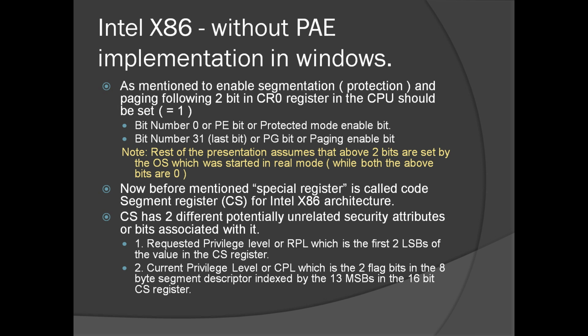One is called RPL or requested privilege level, which is the last two least significant bits of the value in the CS register. The second one is the current privilege level or CPL, which is the two flag bits in the 8-byte segment descriptor indexed by the 13 most significant bits in the 16-bit code segment register.